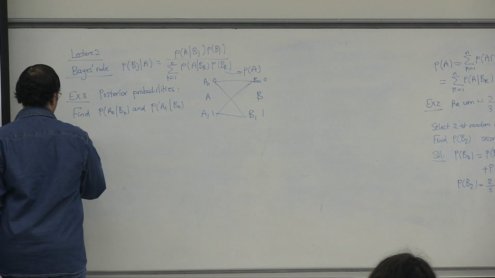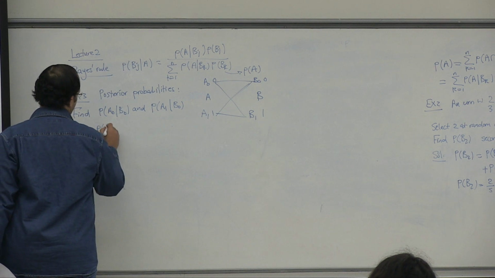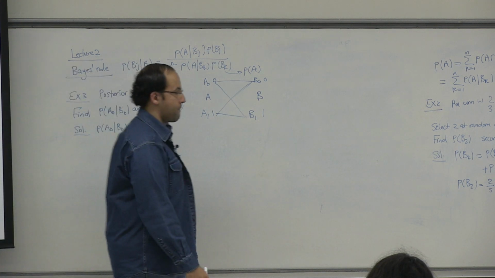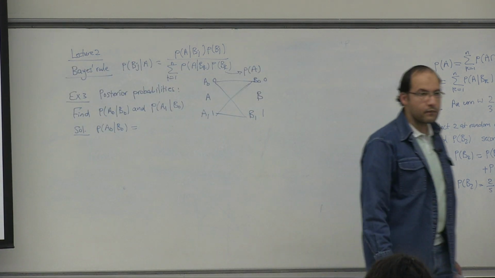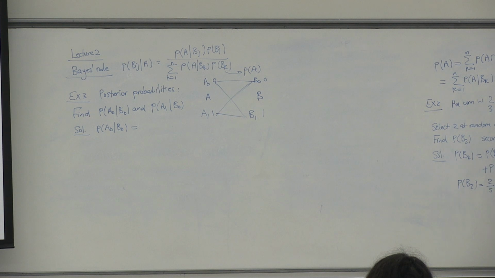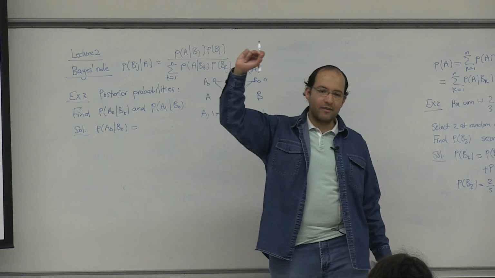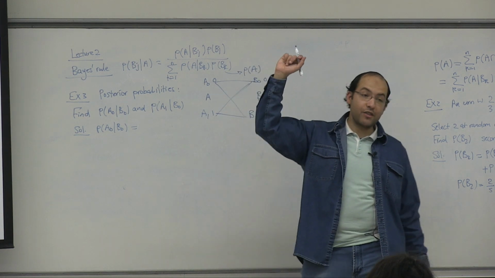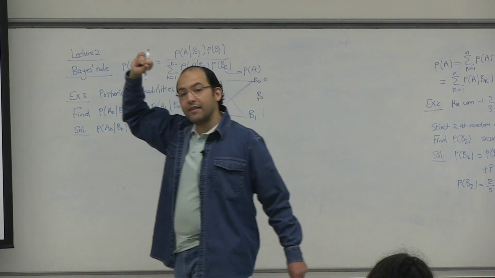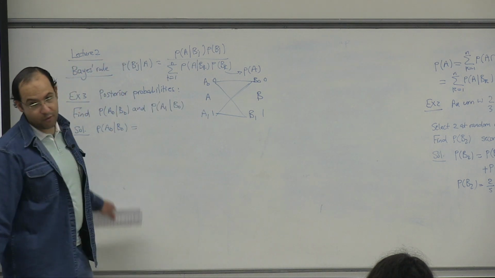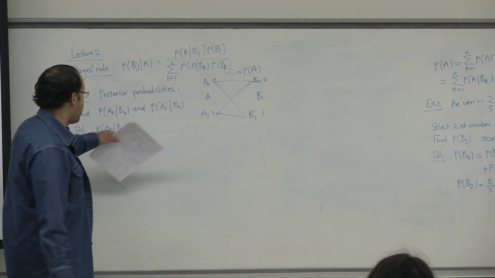How can we find the probability of A0 given B0? That's where the magic of Bayes' rule comes in. You use the other conditional probability you know and the probability of the data transmitted in order to get this probability. How can we apply Bayes' rule here?